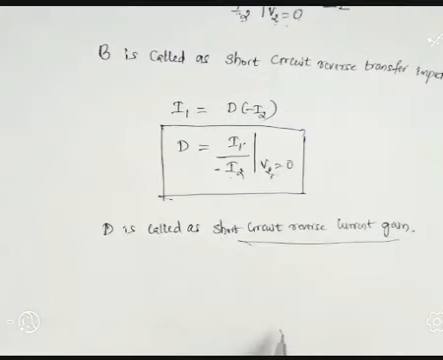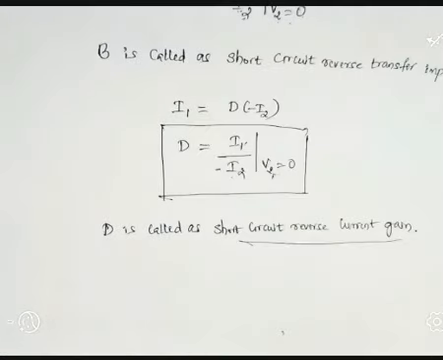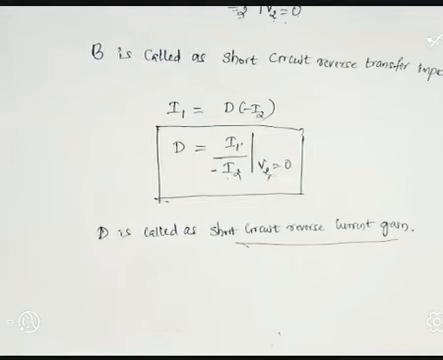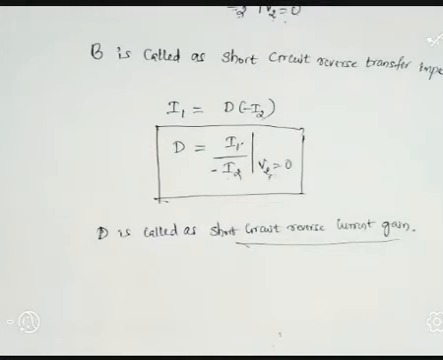Now the question is, what is the reason for naming ABCD parameters as transmission parameters, and the negative sign of I2. As I told in the beginning, the ABCD parameters are effectively used for analysis of power transmission line.